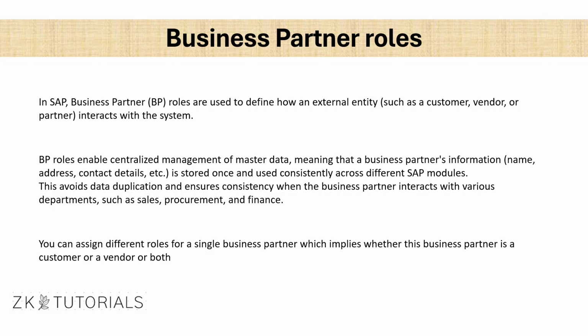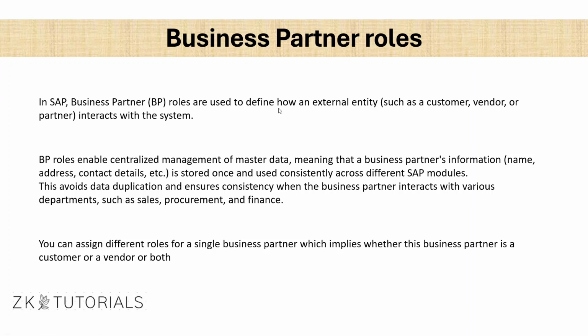Everything will be stored in the 399 number, which is for supplier. This is called the business partner role. So a business partner role will be extended to the customer role as well as the supplier role. This is one case.